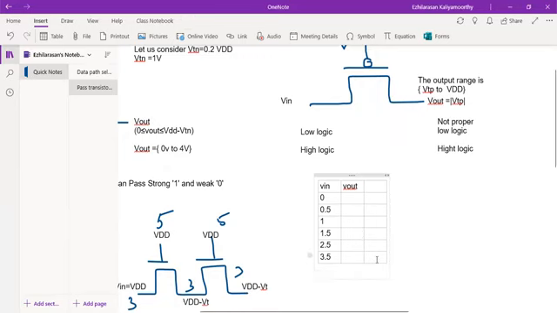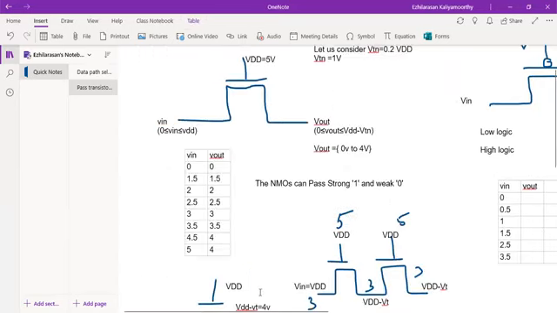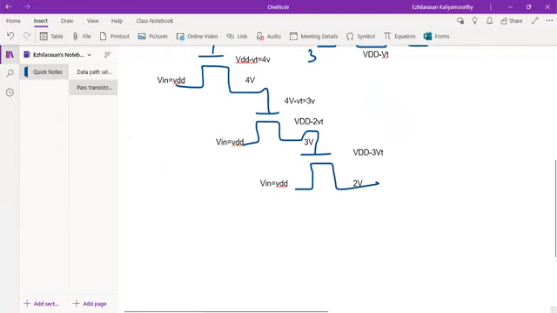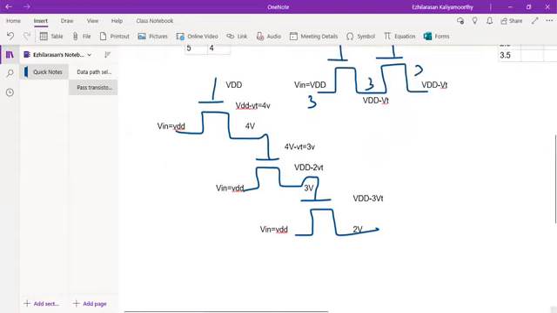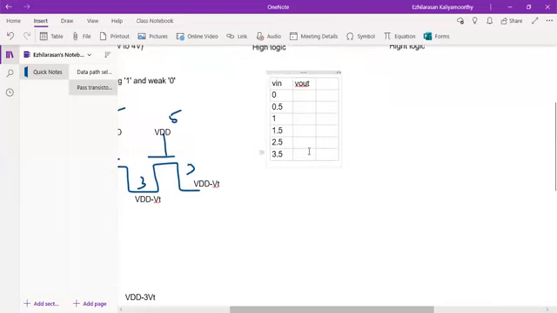Next is 4.5. Next is 5. So example, now when my input is equal to 0, what will be my output?